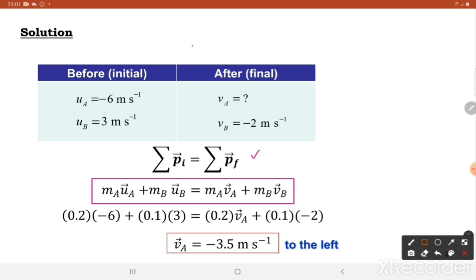Substitute the value of MA 0.2 kilogram, UA is negative 6 meter per second, MB 0.1, UB is 3 meter per second, and then MA is 0.2 kilogram, VA is our required, MB is 0.1 kilogram, VB is negative 2 meter per second, and finally you will get VA is negative 3 meter per second, which is directed to the left. So this negative value indicates that the final velocity of ball A travels to the left.